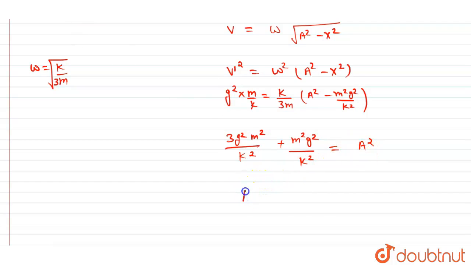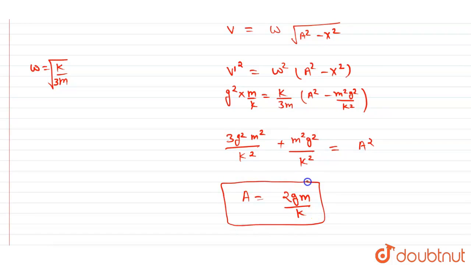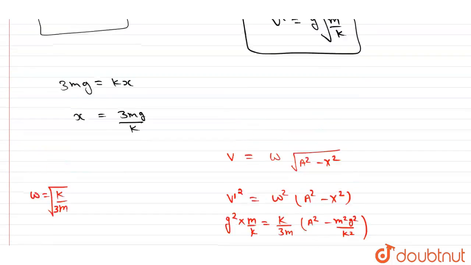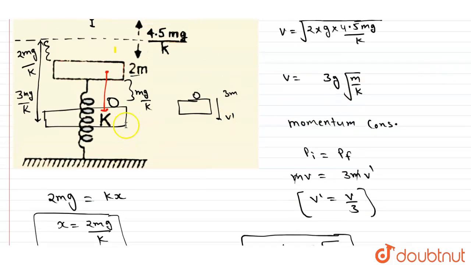So we got the amplitude as 2gm divided by k. This is the value of the amplitude that we have for this. Now let's see, basically it will achieve the mean position; this position represents the mean position. Here it will not stop, it will move further until its velocity becomes 0.